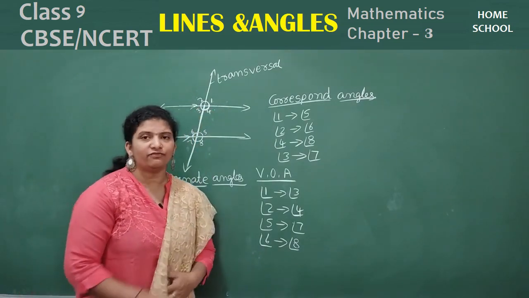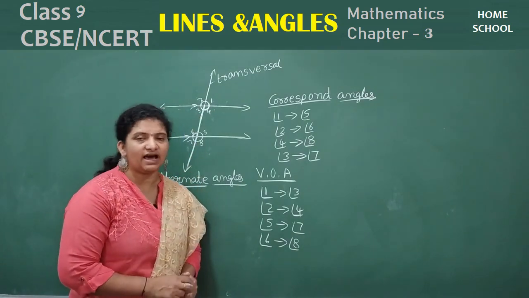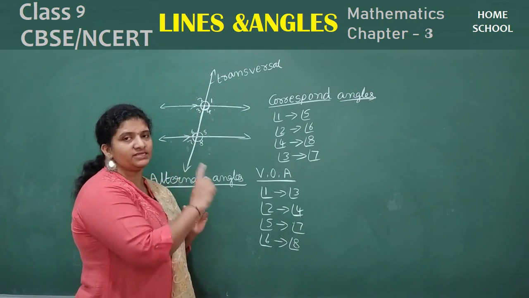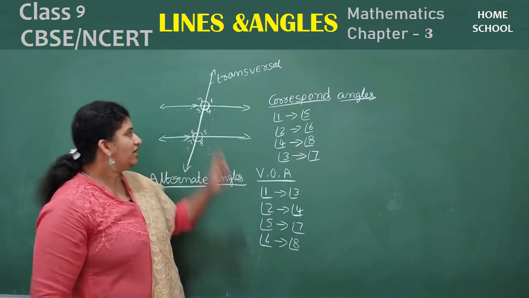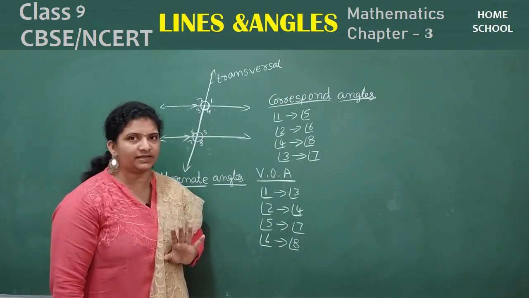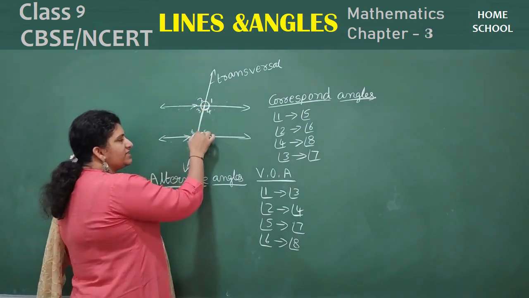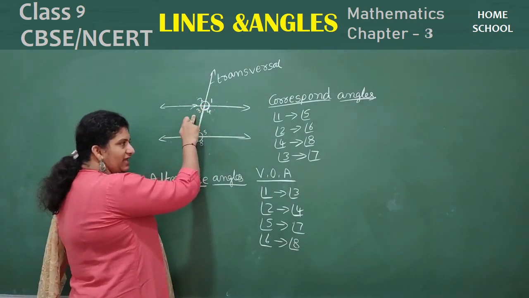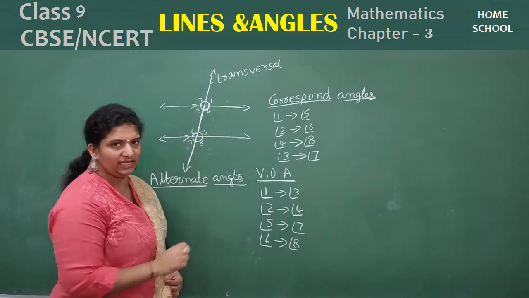Alternate angles are found in between two parallel lines, and these angles are equal. These alternate angles are on opposite sides of the transversal. Whereas I cannot say angle 3 is alternate to angle 4. So which are the alternate angles here? On the opposite side of the transversal. One angle here means another angle should be there. These two angles are equal.